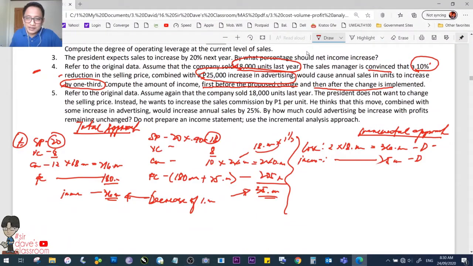However, yung 18,000 units na nabibenta mo before becomes 24,000. Therefore, there is a new contribution margin brought about by those new number of units. New contribution margin in the amount of additional 6,000 units na makapagbibigay sa'yo ng 10 pesos bawat isa. So, ilan ito?